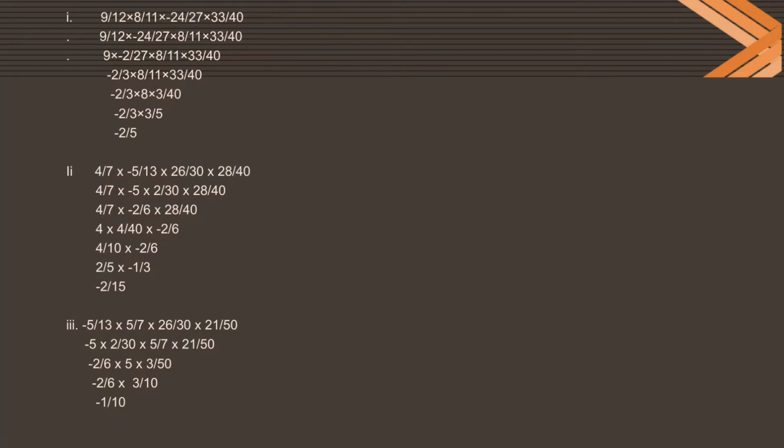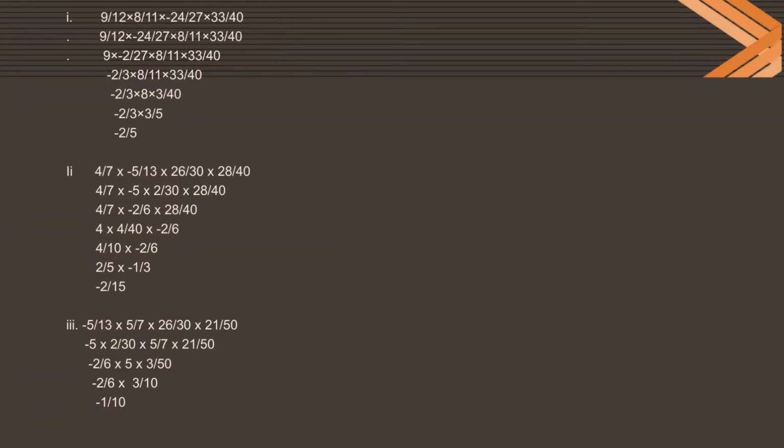Now again we cut by using the table of 9. We will get -2/3 into 8/11 into 33/40.